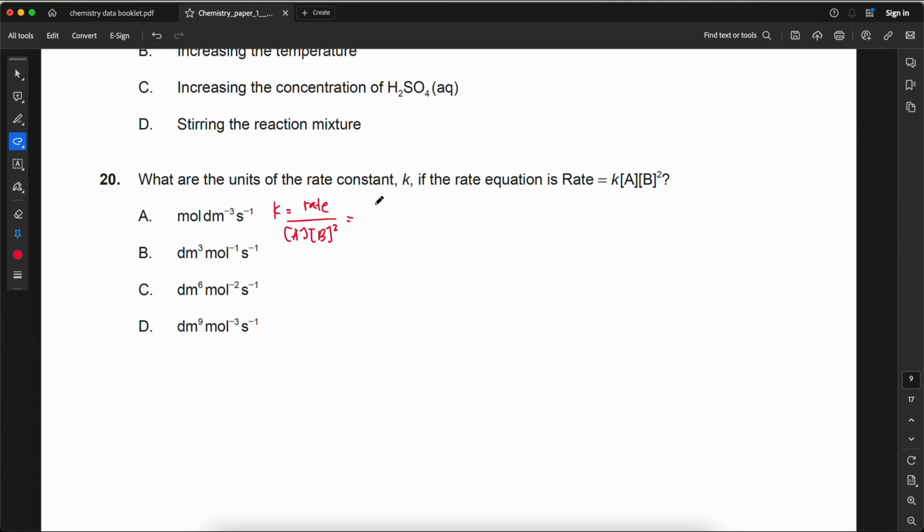The rate unit is mol per dm3 per s, so mol dm^-3 s^-1. Divided by mol dm^-3 three times, that is mol dm^-3 cubed. Some units cancel, so it becomes mol^-2 dm^6 s^-1. So the answer will be C.